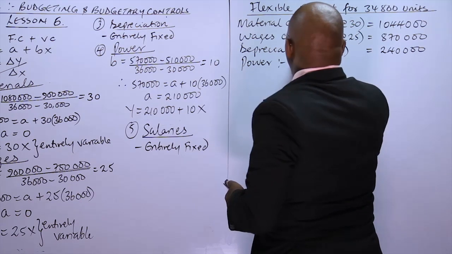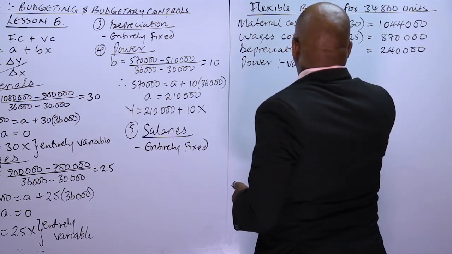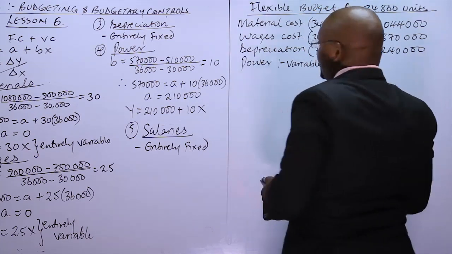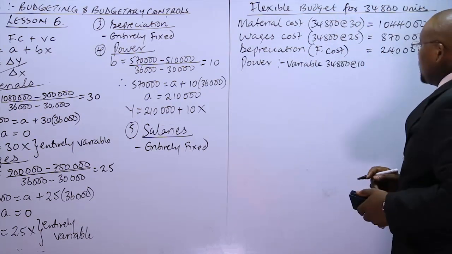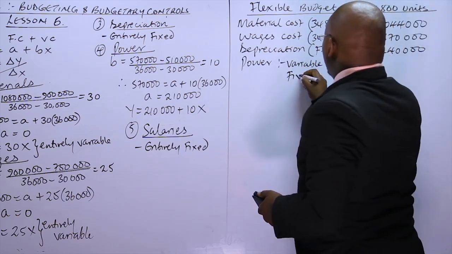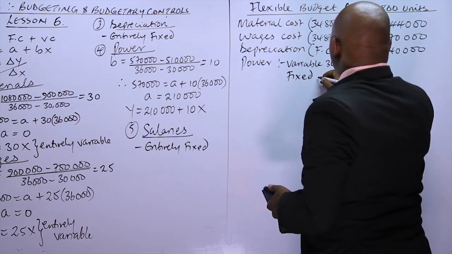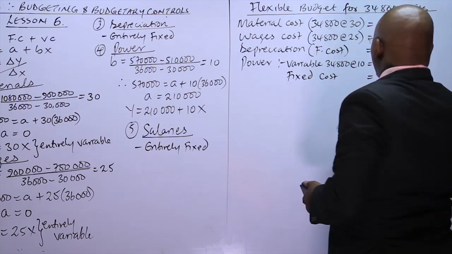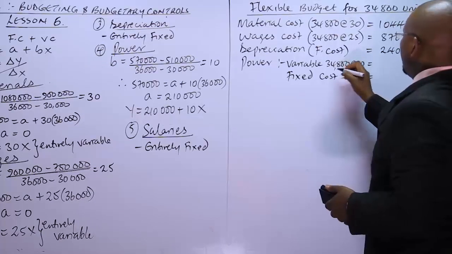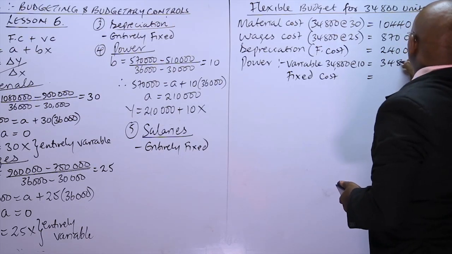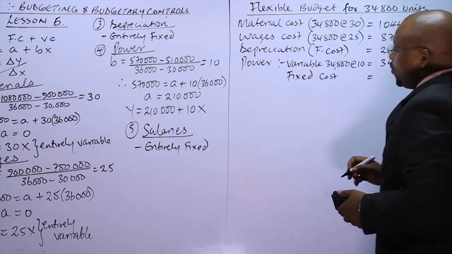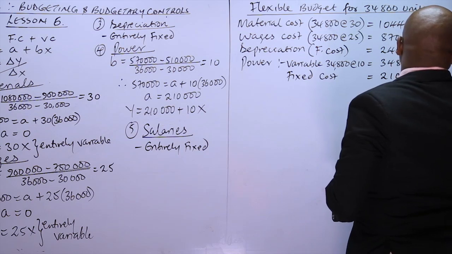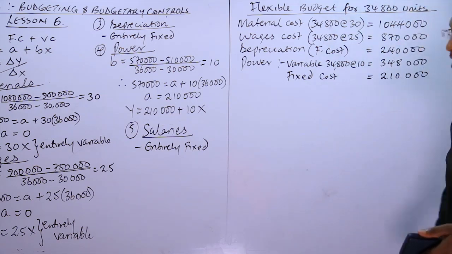Now power, we have the variable, which is 34,800, each at 10, giving us 348,000, while the fixed element, which is not changing, is 210,000. That will never change.